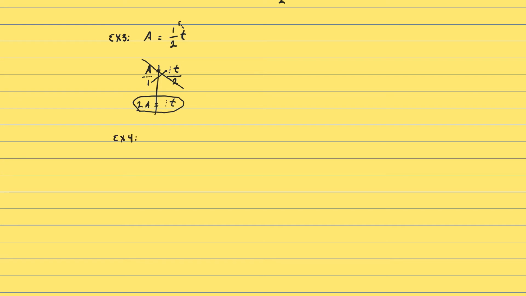Okay, and it looks like this. A equals, and I'm just going to kind of make stuff up here. Let's go with just a basic t squared. Okay, so here there's no fraction, there's no extra junk, and there's nothing to divide. So this is the new concept. Well, how do you get rid of something that's squared? And the answer is square root.